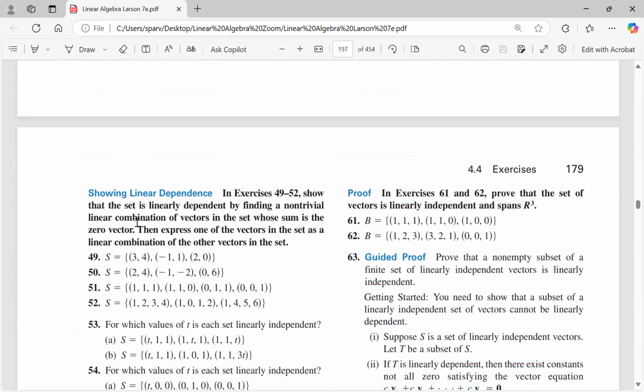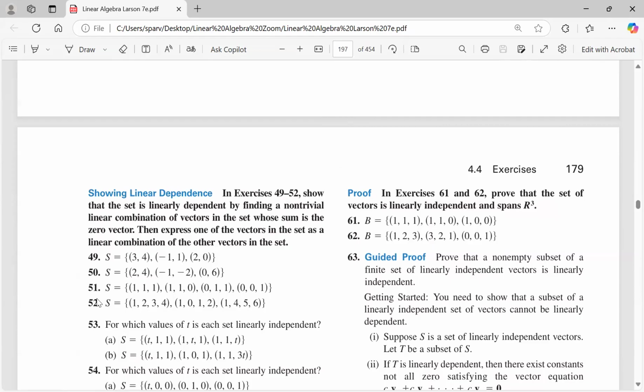So the question: show the set is linearly dependent by finding a non-trivial linear combination of vectors in the set whose sum is the zero vector. Remember, the key is to find a non-trivial solution to this homogeneous system. So I'm going to write down number 52, in section 4.4, exercise number 52.